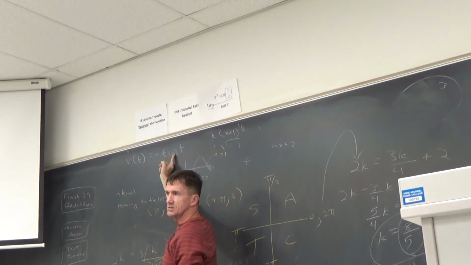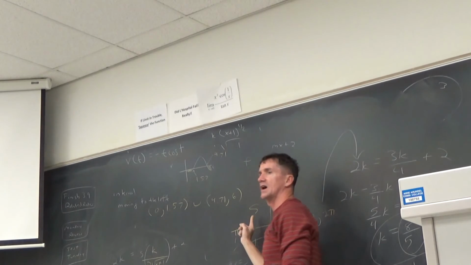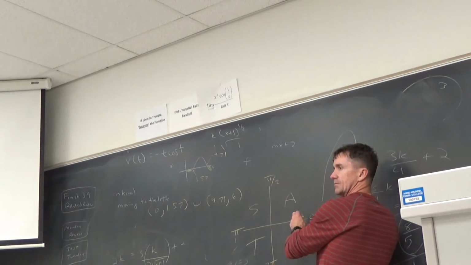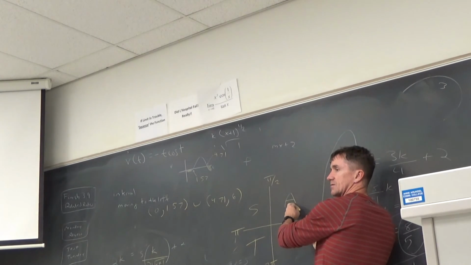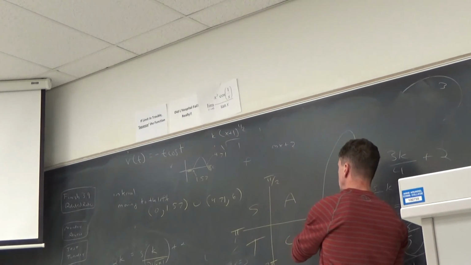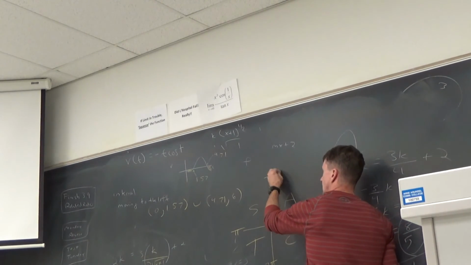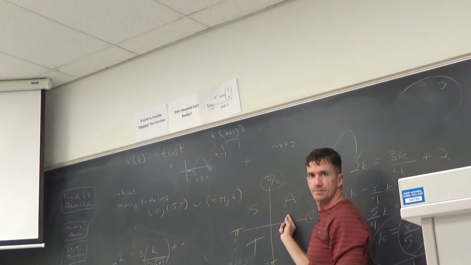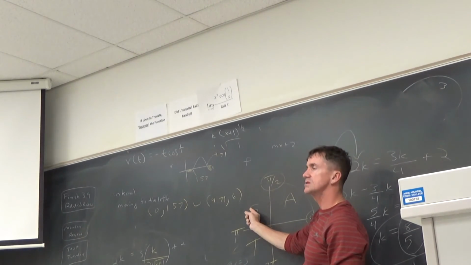Now it says negative cosine. I just have to know where cosine is positive or negative. If there's a negative in front, all trig functions are positive here, but it's already got a negative here. So from here to this number it would be negative, right? But then, isn't cosine negative over here?